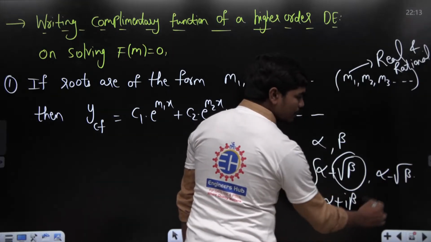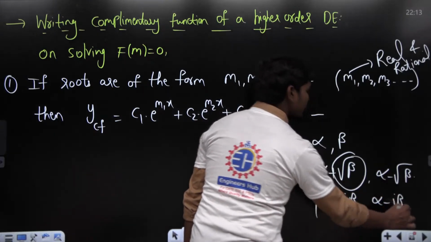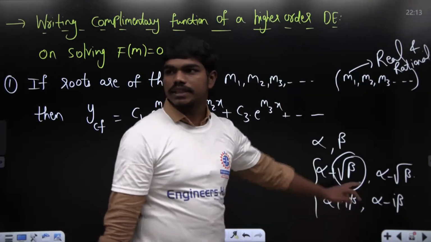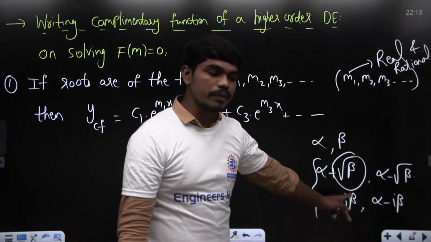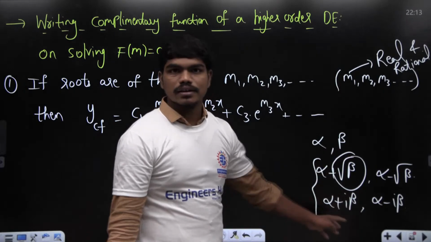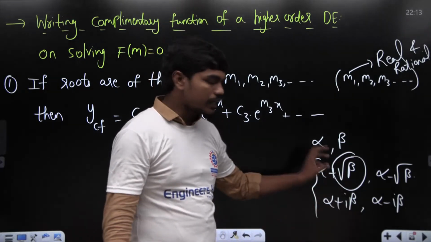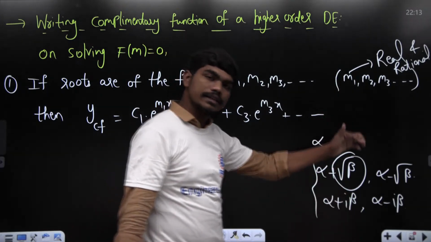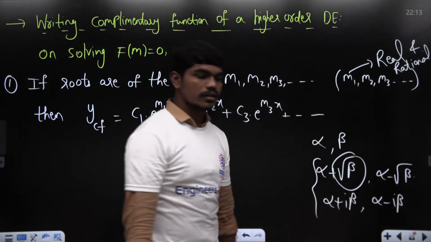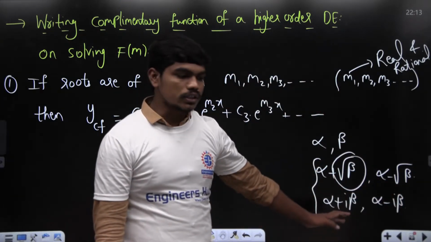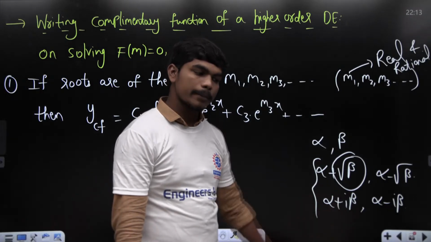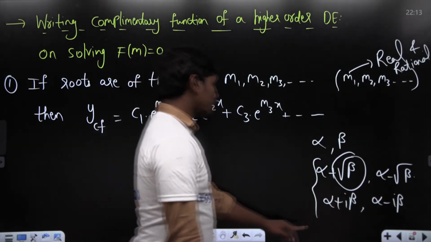Similarly, if alpha plus i beta is one solution, alpha minus i beta will be another solution. I hope you know irrational roots and complex roots occur as conjugate pairs. For any polynomial function, if there is one root of this kind, then definitely there will be a second root of this kind. Clear? Do you know what a conjugate pair is? Yes. So now let us get back.